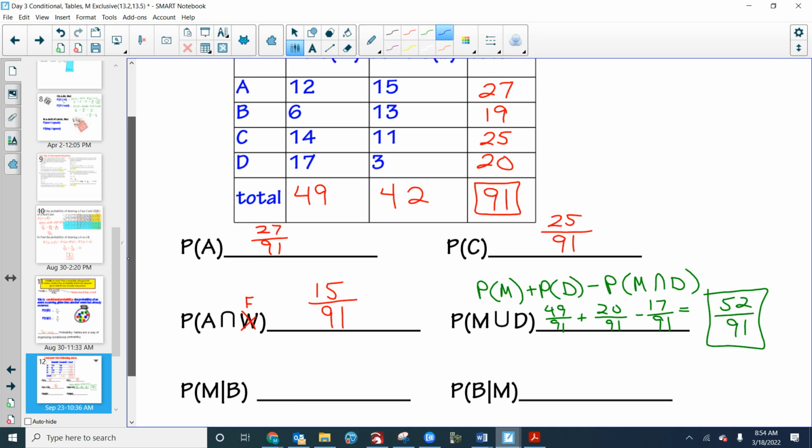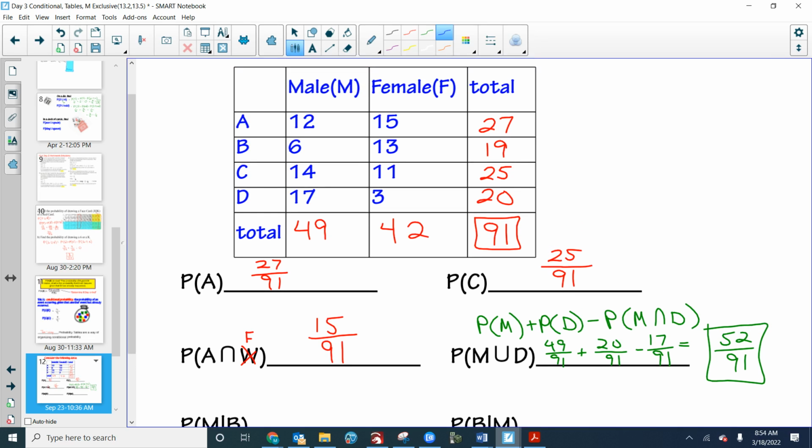How many B's are there? 19. Okay, that's my new total. Yes? What's the probability of picking an M given that it already has a B on it, on that slip of paper? Isn't it 6 out of 19? It's 6 out of the total of 19.